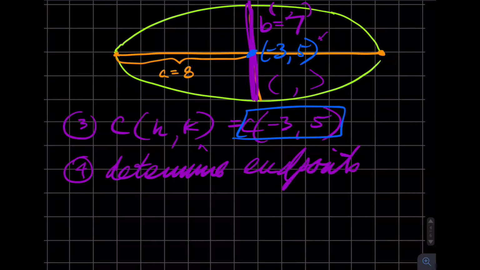So I'm going to take my y value, 5, and add 7 to it. So one of my endpoints is going to be -3, 7 plus 5 is 12. And the other one is going to be 7 units below this 5, and so that's going to be -3, -2.